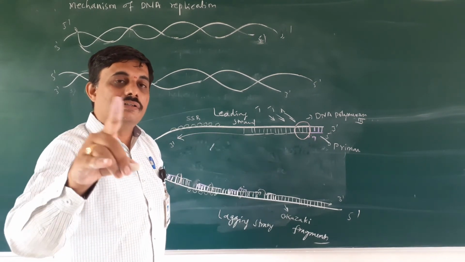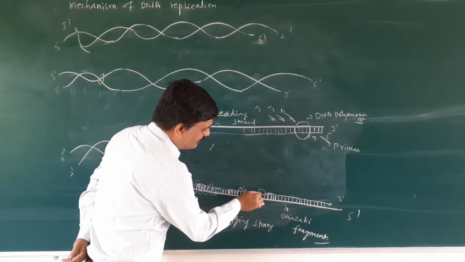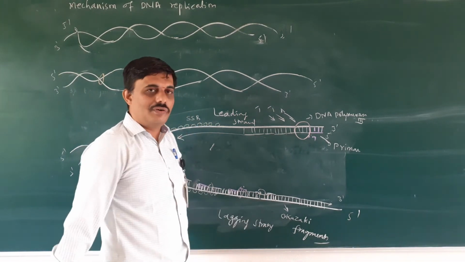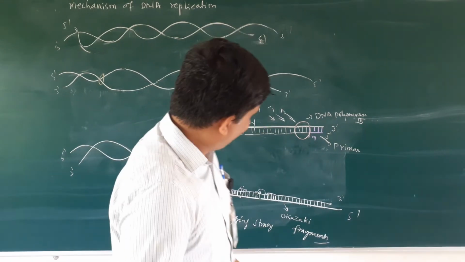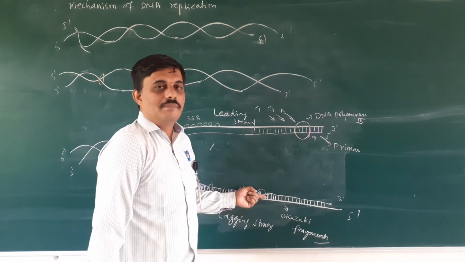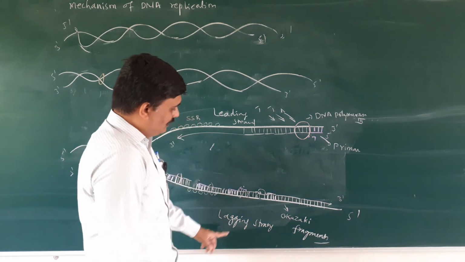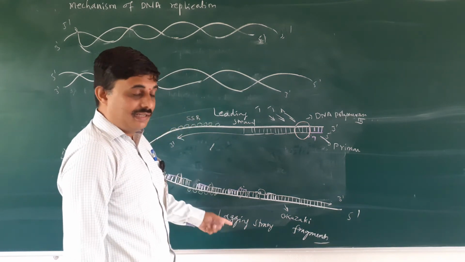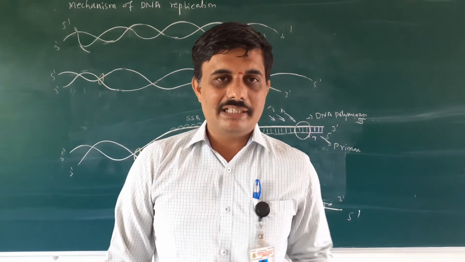The nucleophilic attack is involved in the formation of the phosphodiester bond. This way, the joining of two fragments occurs by DNA ligase enzyme. This strand is called the lagging strand, as discontinuous DNA synthesis takes place.